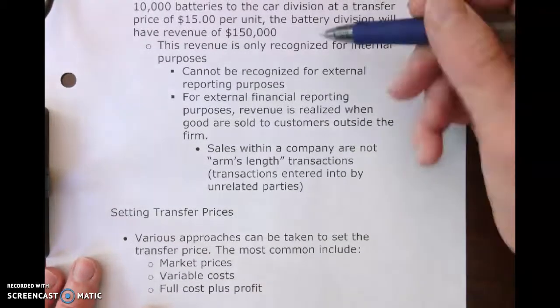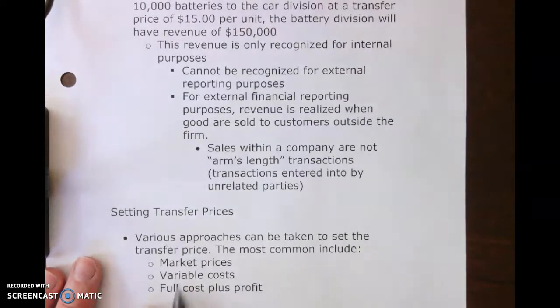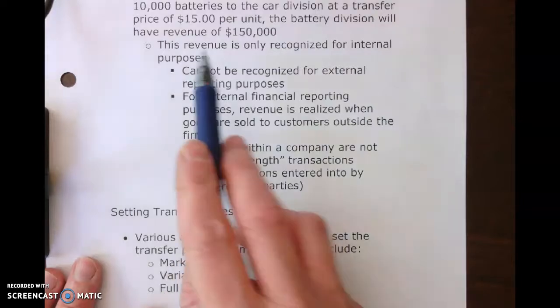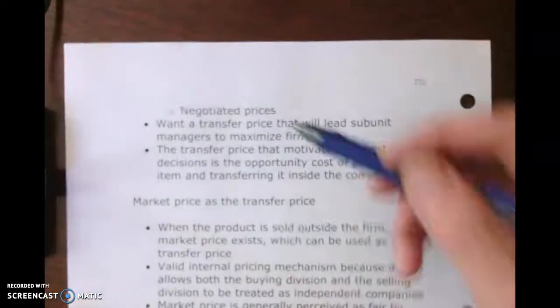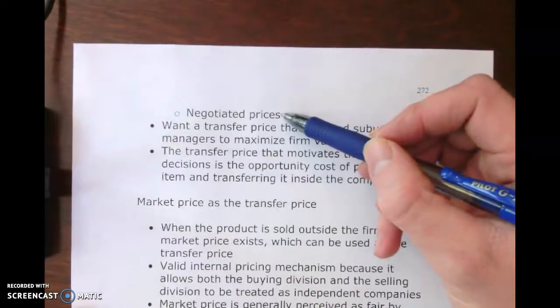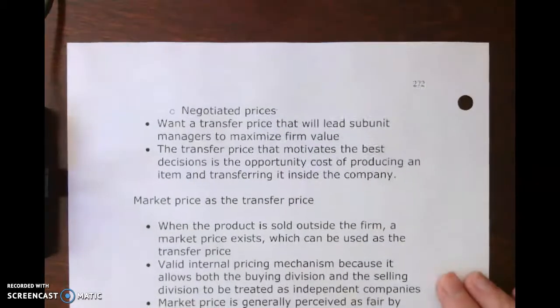So the car division may push back and say that's just too much. But the difference between these two is that the first is only charging the variable costs from the battery division to the car division. This would be charging the variable and the fixed cost plus a profit plus an extra fee. The final option that we could do is say that the manager of the car division and the manager of the battery division would negotiate some prices. They could negotiate it, and that could be a final option.